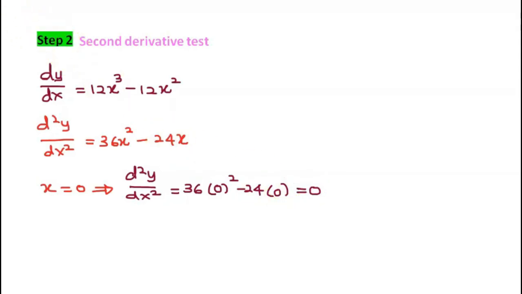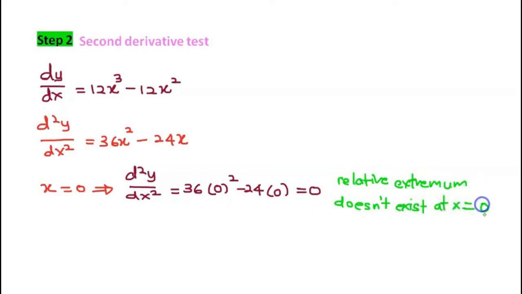Remember earlier, when the second derivative test value is equivalent to 0, we say that this function has no relative extremum. Relative extremum doesn't exist at x equals 0.